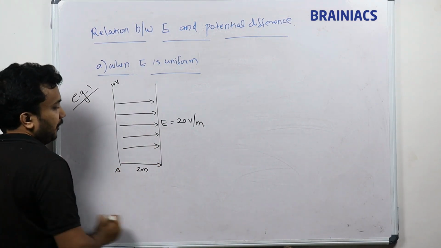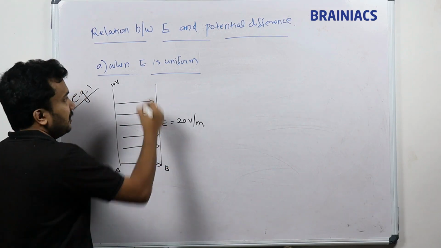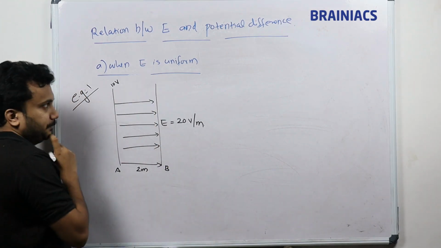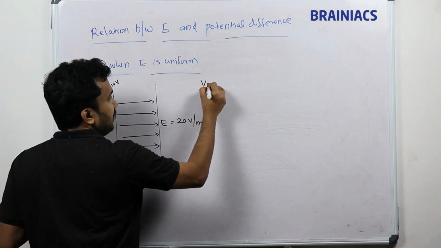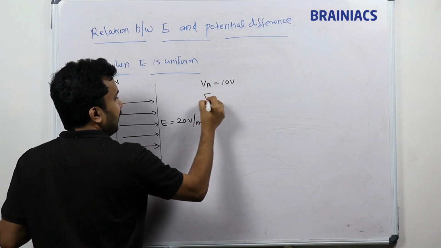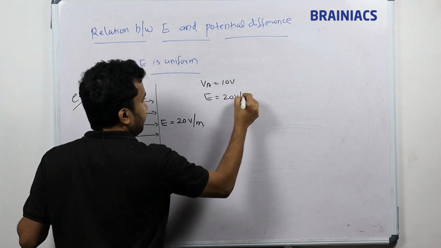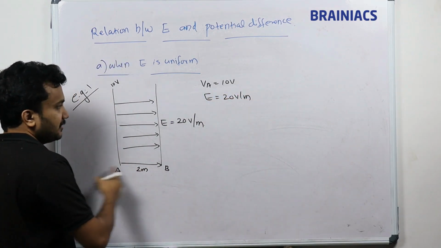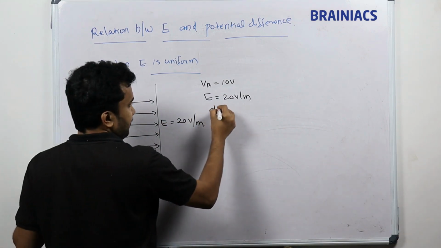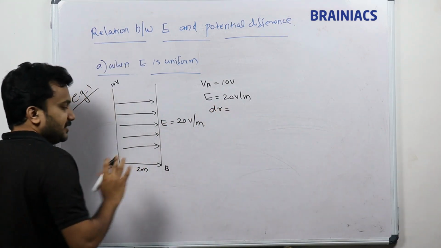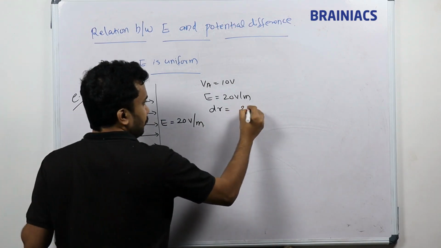This is point A and this is point B. What is the potential at point B? So potential at A is given. Potential at A is equal to 10 volt, electric field is 20 volt per meter, and the distance, which is called dr, or simply a distance, is equal to 2 meter.